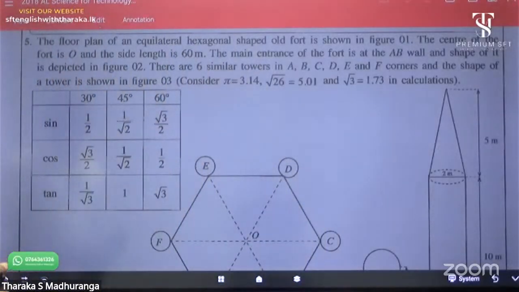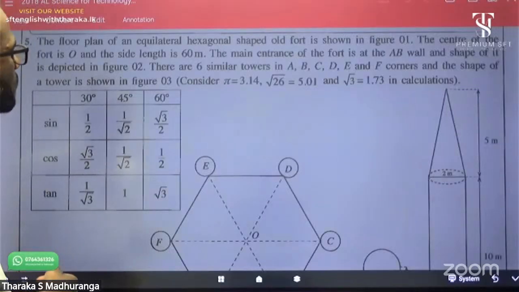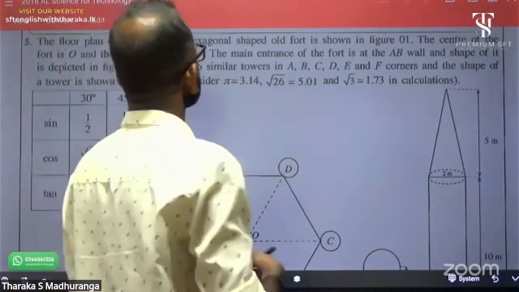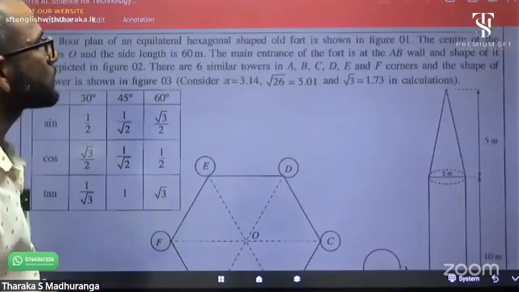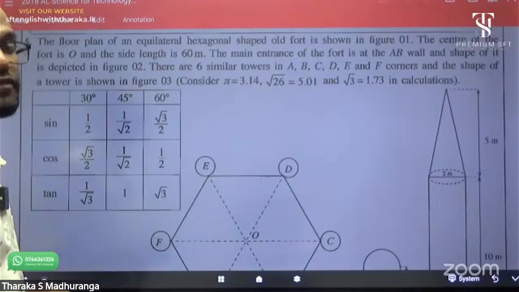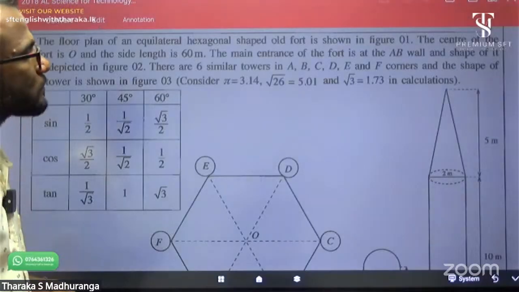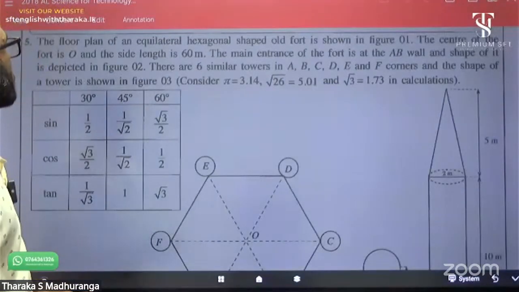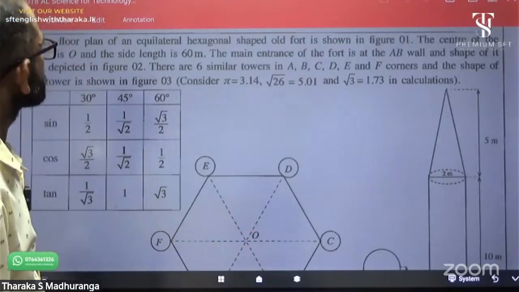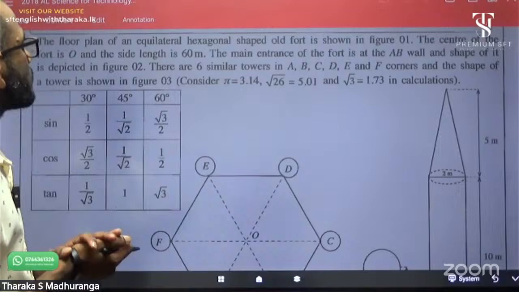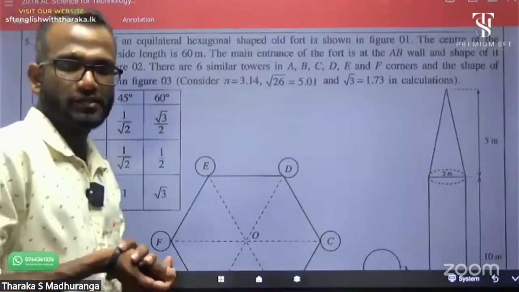The floor plan of an equilateral hexagon-shaped fort is shown in figure 1. The center of the fort is O. This is the center. And the side length is 60 meters.